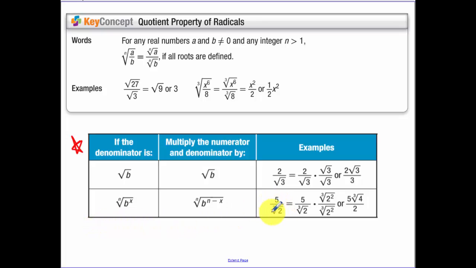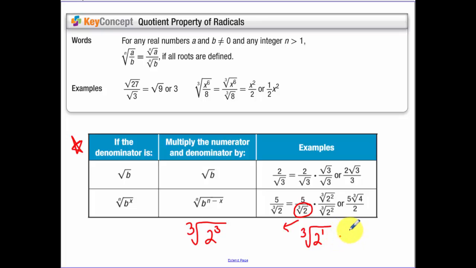Something like a cube root. What happens here is we need, on the bottom, to get rid of that radical. We need 2 to the third. Here I only have 2 to the first power. So I need to multiply by 2 squared.